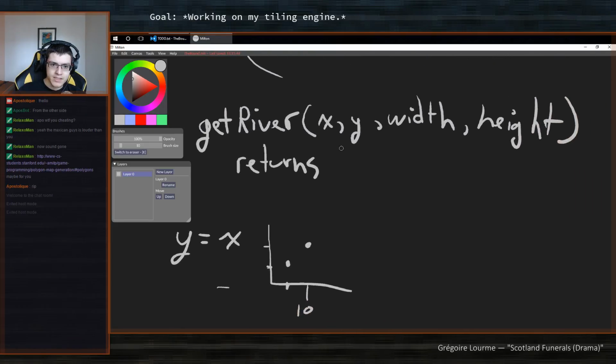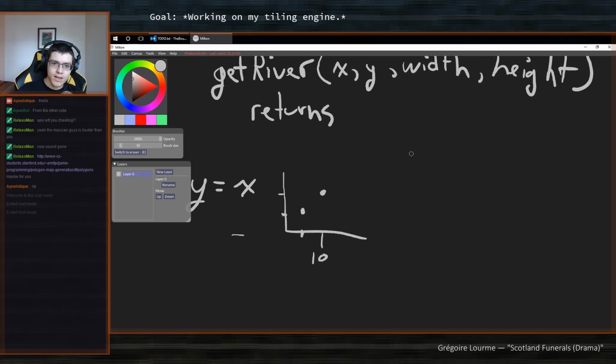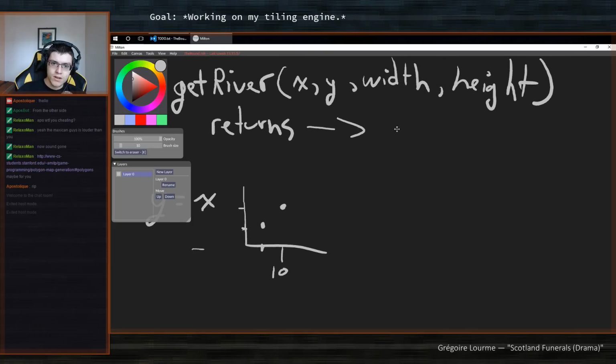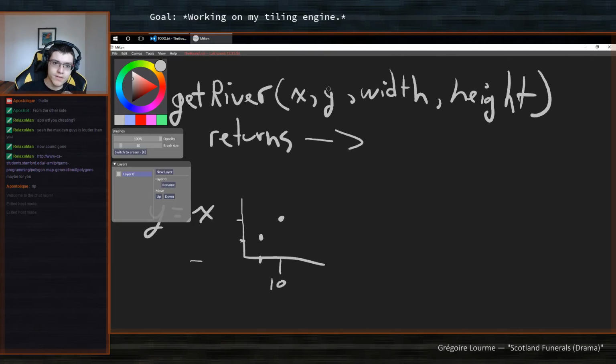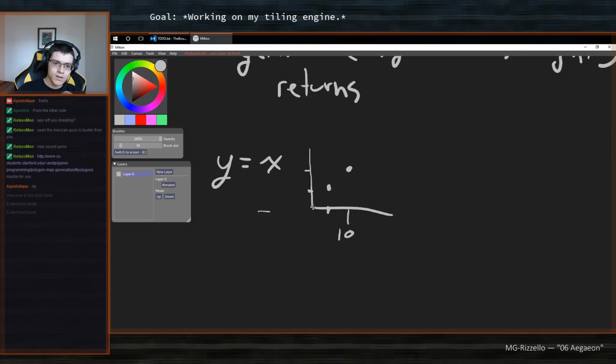So if I were to pass you 0, 0, perhaps 20, 20, I would get a return of the values of y, like 0, 1, 2, 3, all the way up. So all the values of y that are inside of this square would get returned. Now this is not that interesting of a river if it's only a straight line.